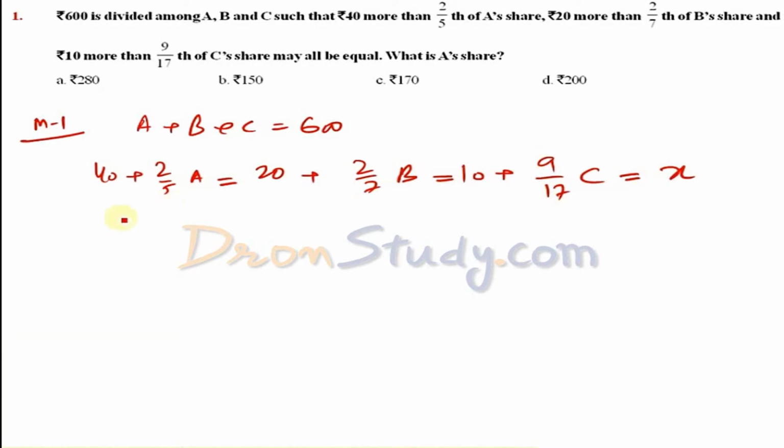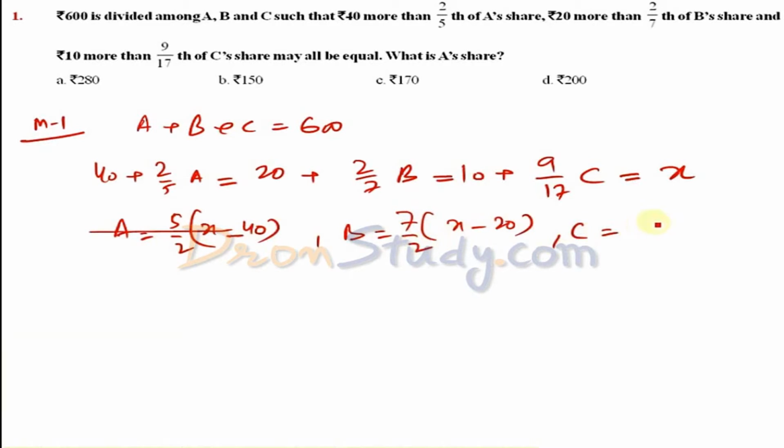Now from this we convert A, B and C in terms of x: A would be (x minus 40) into 5 by 2, B would be (x minus 20) into 7 by 2, and C is (x minus 10) into 17 by 9.